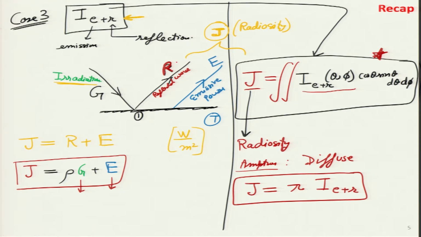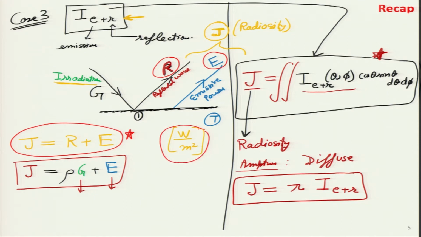One is this red reflected electromagnetic wave, and the other one is this blue one, capital E, which is the emitted. So, these two combined together give, through this particular relation over here, the variable known as J, which is the radiosity, and this also is given in watts per meter square, and it is linked to IE plus R.